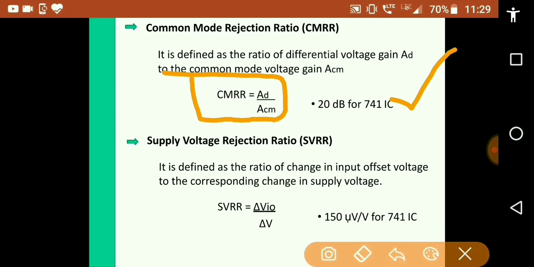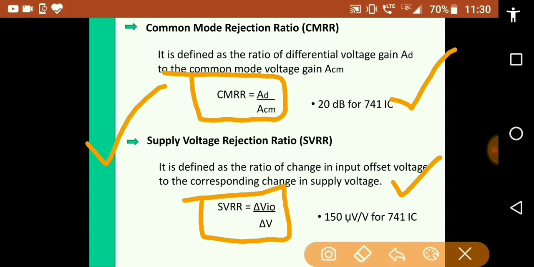Next is supply voltage rejection ratio, SVRR. It is defined as the ratio of change in input offset voltage to the corresponding change in supply voltage, so SVRR equals delta V I naught by delta V, which is 150 microvolt per volt for IC 741.